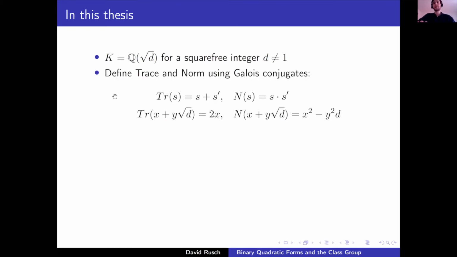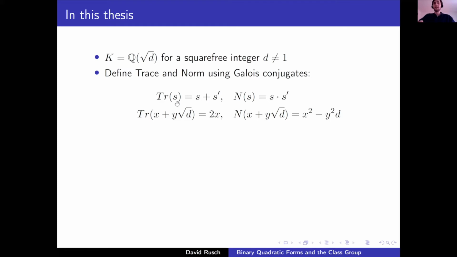The first step is we define two useful functions, trace and norm. Those can be defined generally using Galois conjugates. In the quadratic case, there's really just one field automorphism that fixes Q, which takes square root of D to minus square root of D. So this is then the Galois conjugation.